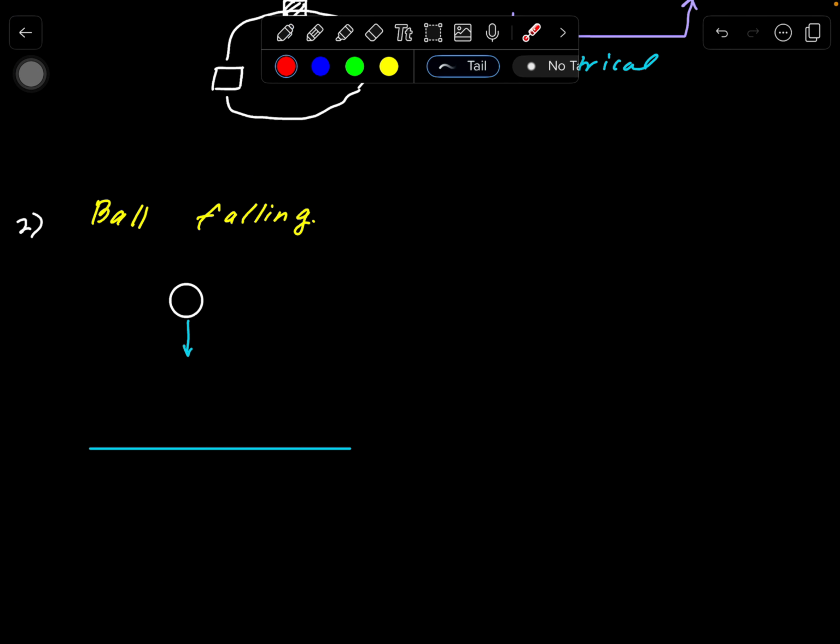So a ball can only fall if it's been already raised above the ground. So when it's above the ground, it has gravitational potential energy. And when it falls, it starts moving. And that gravitational potential energy is hence converted to kinetic energy.